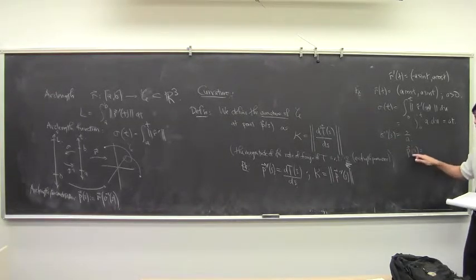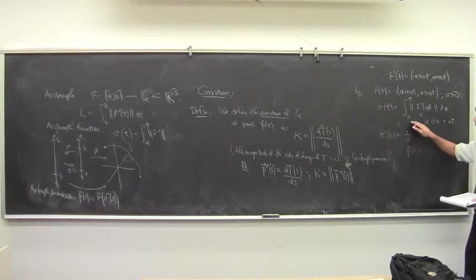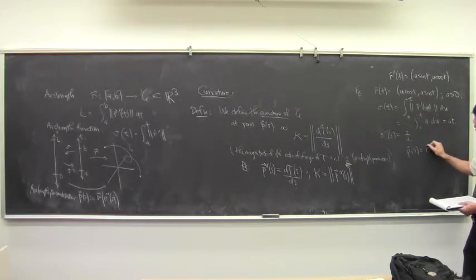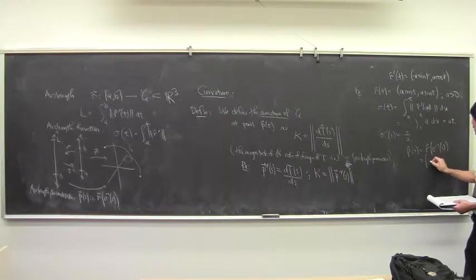And how do you make the arc length parameterization out of it? You just plug that in as the input, right? So it's going to be r of sigma inverse of s, namely a cosine s over a, comma a sine s over a.